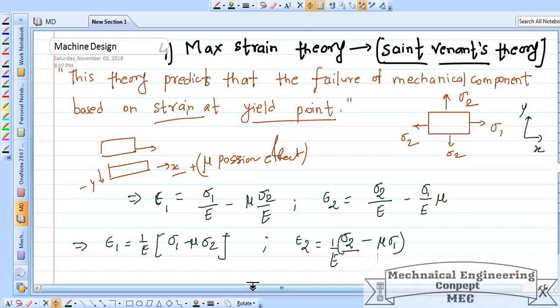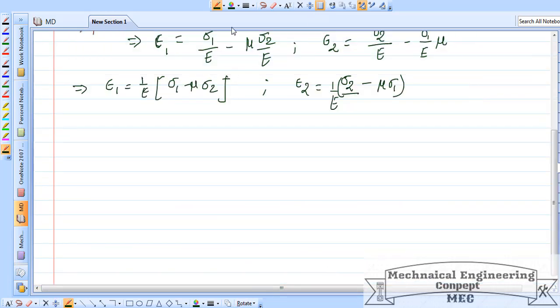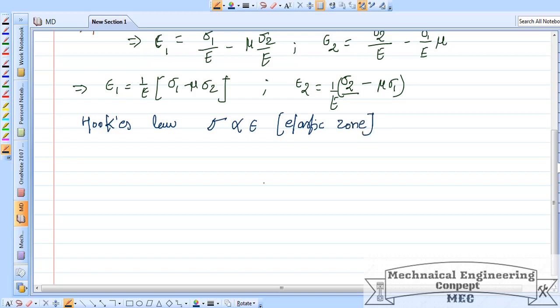And as we know from Hooke's law, what does Hooke's law state? Hooke's law says that stress is directly proportional to strain in the elastic zone, and this theory is for the elastic limit, so I am using this concept.